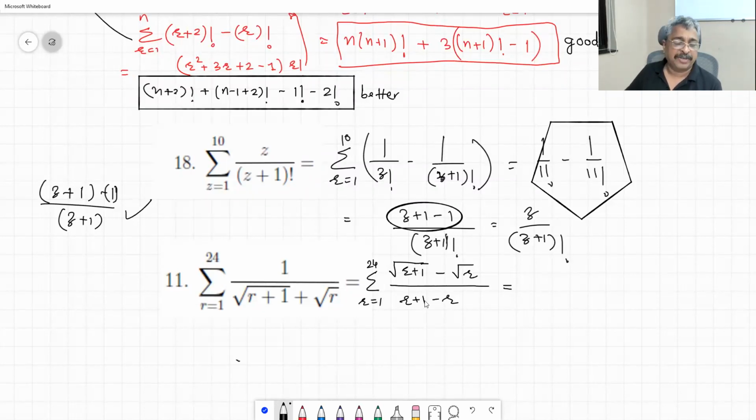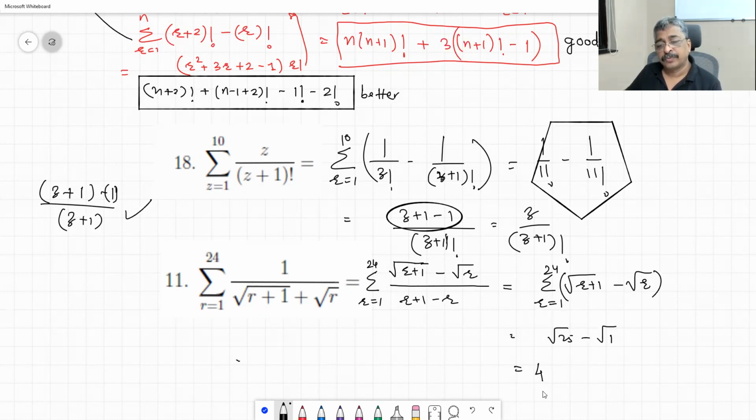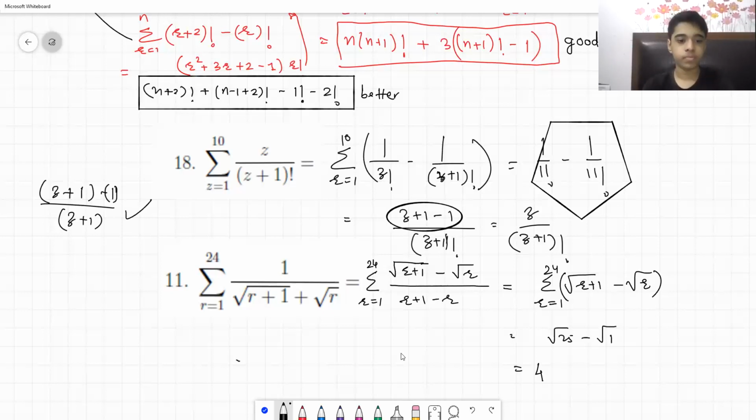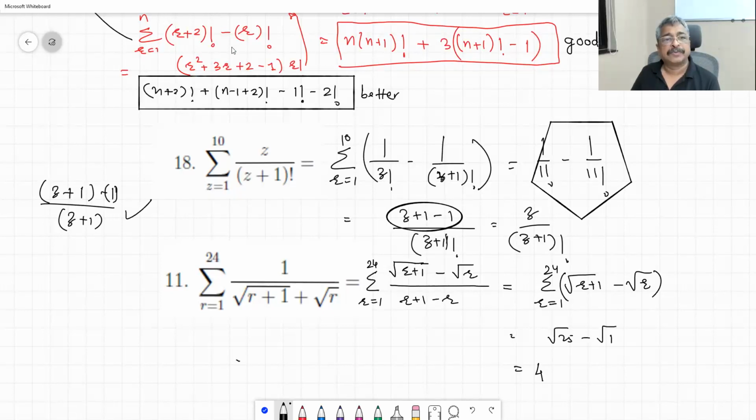This is what happens after rationalization, and you get sigma r goes from 1 to 24, radical r plus 1 minus radical r, which is root 25 minus root 1, which is equal to 4. Yes or no? Yes, sir. So the trick is rationalize.